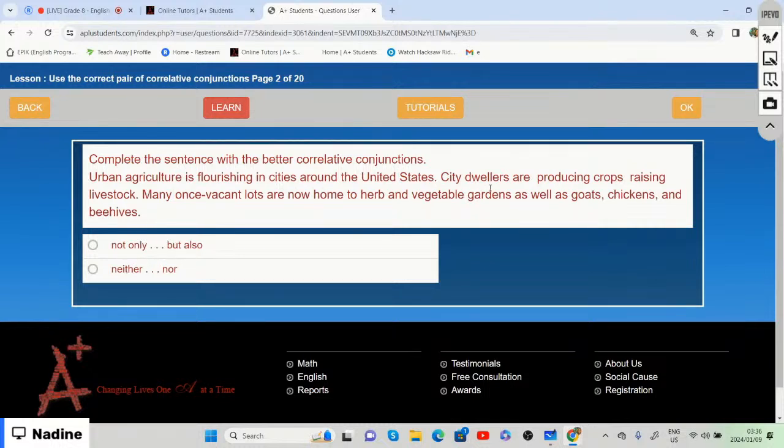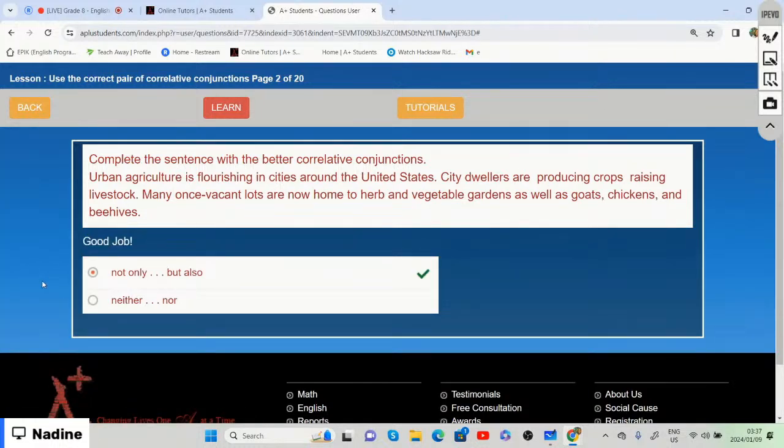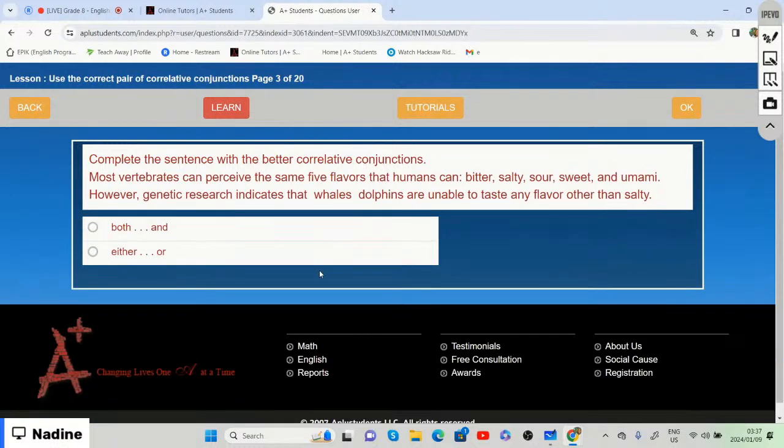City dwellers are producing crops, raising livestock. Many once vacant lots are now home to herb and vegetable gardens as well as goats, chickens and beehives. We either need to say not only but also, or neither nor. So if we choose the correct one, we will say city dwellers are not only producing crops but also raising livestock. So not only but also is the correct form of correlative conjunction within that sentence.